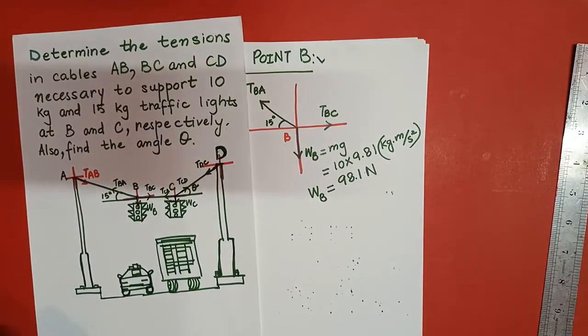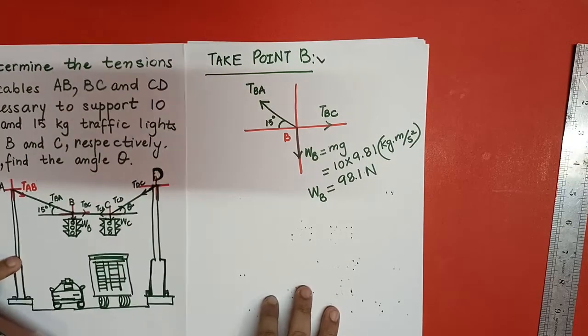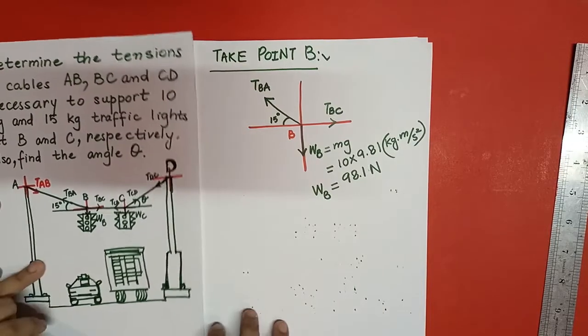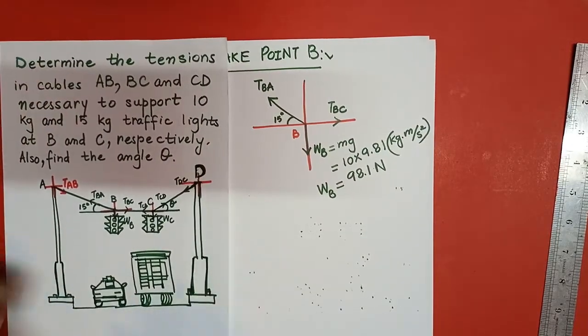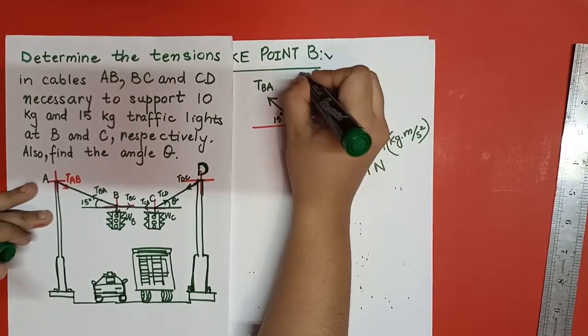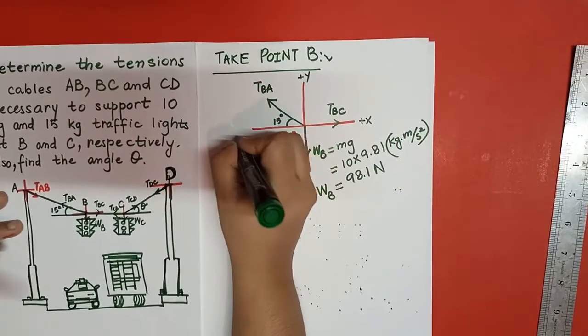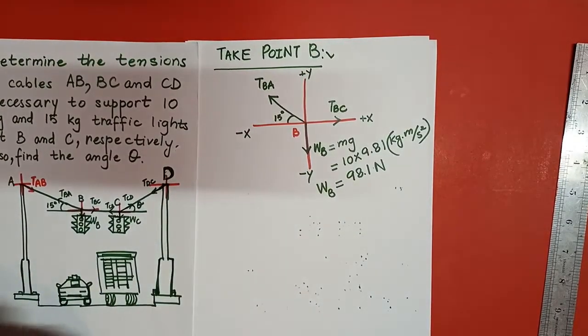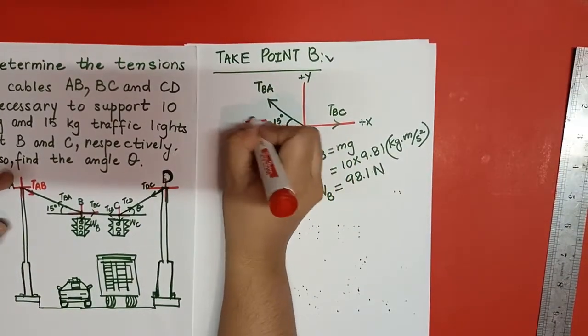Now next, I have to resolve the forces or tensions into their components. This is the positive x-axis, this one is the positive y, this one is the negative x, this one is the negative y. I have to resolve this force into its components.